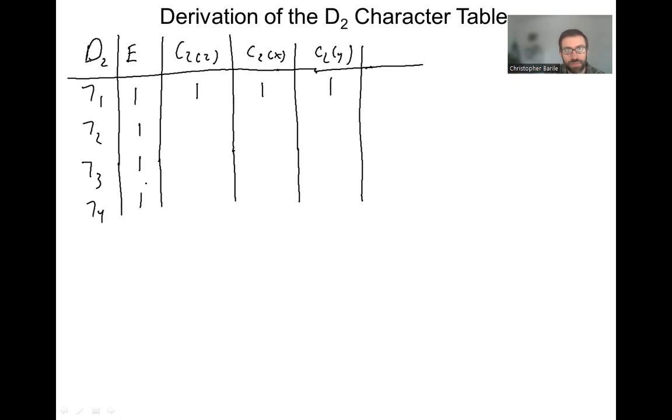In mathematics, they're perpendicular to one another. And it has to be normalized. This orthogonality has to take into account the number of operations in each class. Well, the number of operations in each class is 1. So we know we have our first vector, which is 1, 1, 1, 1.